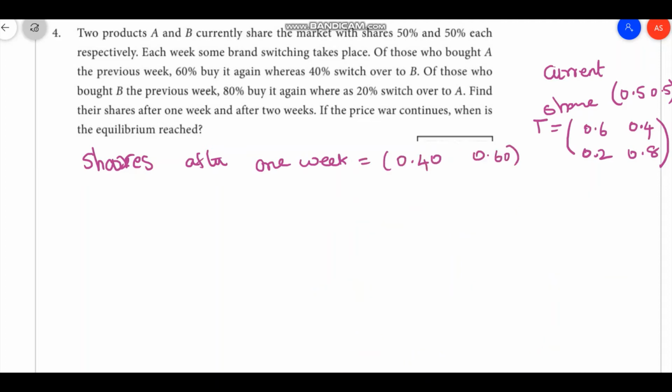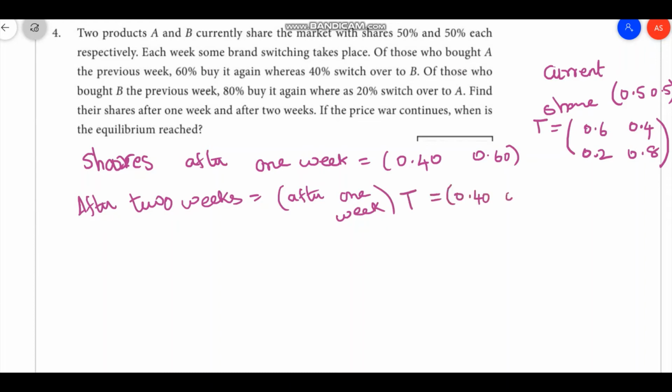Now to find the share after 2 weeks, we have to take the shares after 1 week multiplied by the transition. After 1 week is 0.40, 0.60 and we know the transition, 0.6, 0.4, 0.2 and 0.8.